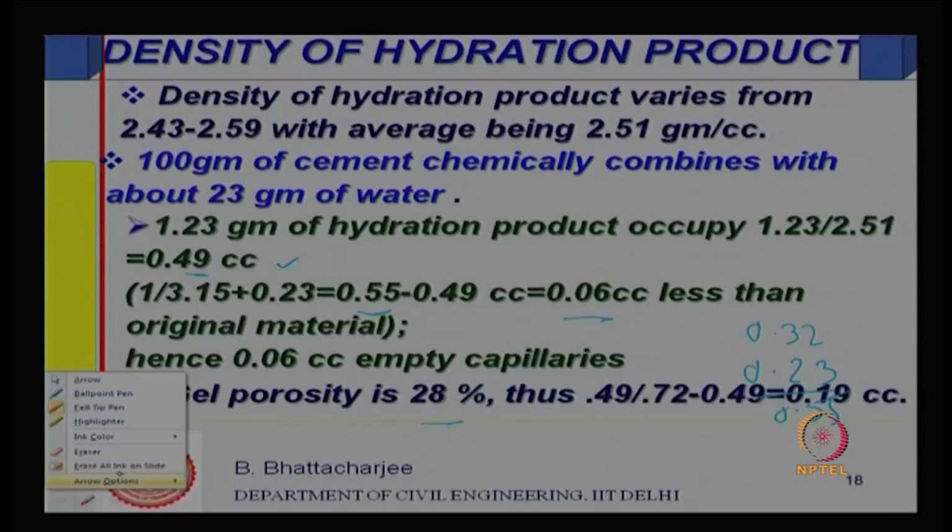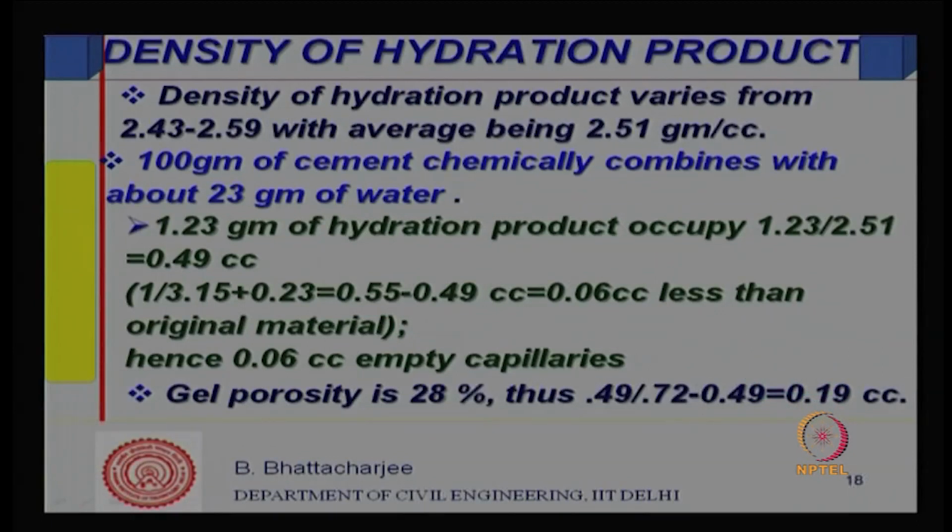Therefore, 0.49 divided by 0.72 gives you roughly 0.68, and the difference gives you 0.19 cc. So, the gel porosity, or gel pores, is 0.19 cc.